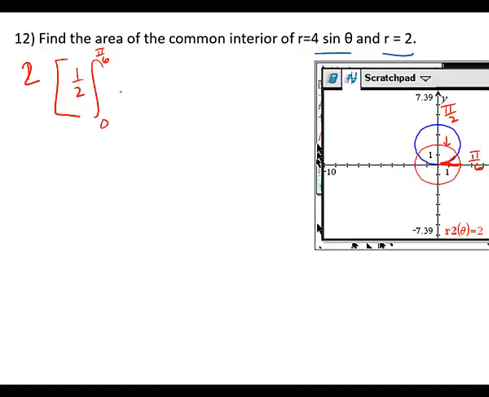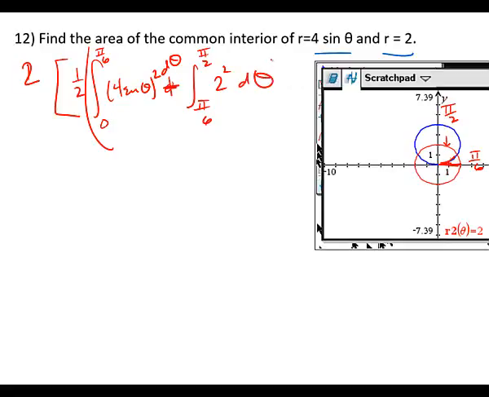Which one was the blue curve? The 4 sine theta, and then we're going to square it. I'm going to put the 1/2 on the outside, and then plus, should be a d theta. Plus, from pi over 6 to pi over 2 for the other curve, 2 squared. Then you hit the buttons on the calculator and let it see. That's what we did last year. I looked it up, and you get this. Hopefully.